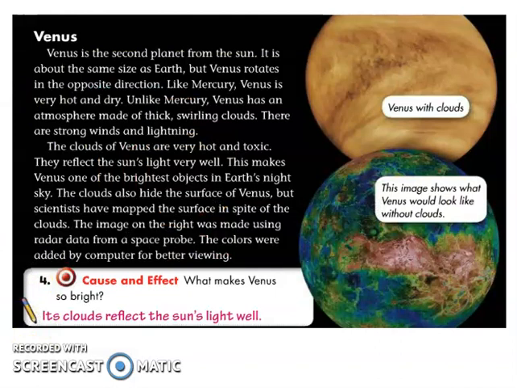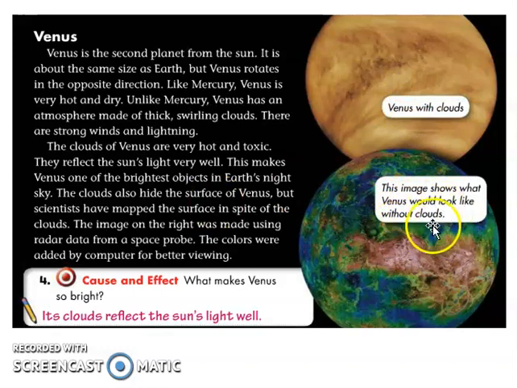Venus is the second planet from the sun. It is about the same size as the Earth. Sometimes they call it the twin sister of the Earth. Okay, the clouds of Venus are very hot and toxic, and this makes Venus one of the brightest objects in the sky. What I mean is, you can see Venus here from Earth.